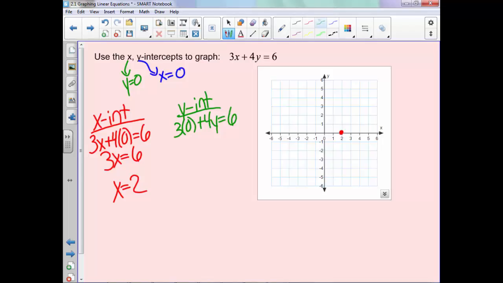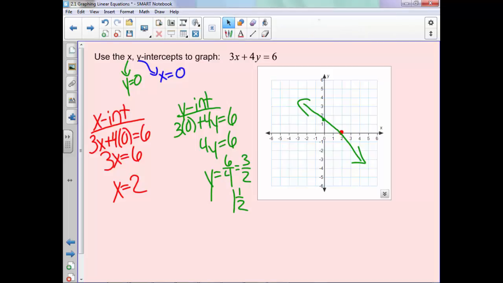So 3 times 0 is 0, 4y equals 6, divide them both by 4 is 6/4, which we can reduce down to 3 over 2, which is the same thing as 1.5. So on our y-axis, we'll go up 1.5, and then we'll connect the points with a straight line. And there's our line. So this is just a different way of graphing lines.